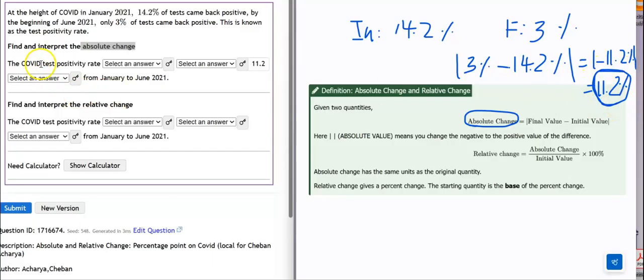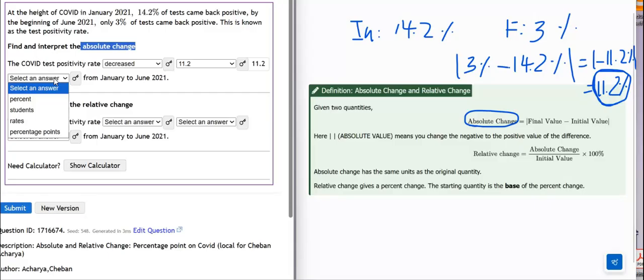So when you interpret the absolute changes, the COVID test positivity rate decreases, right? Because 14.2% to 3%, and by how much? 11.2. Remember that in the other box here, 11.2%. That's correct.